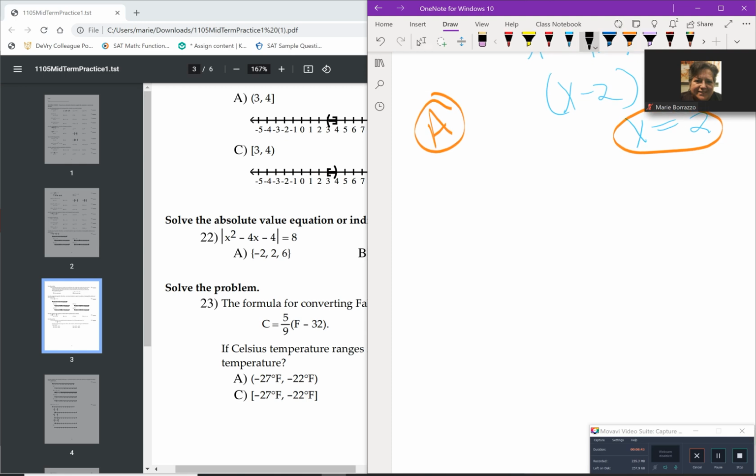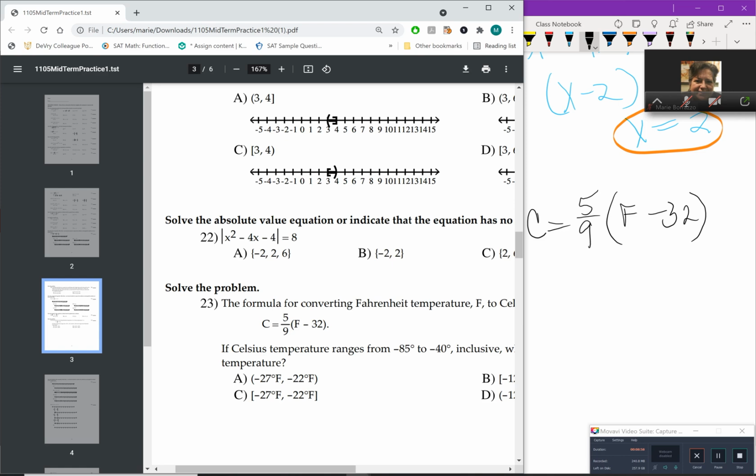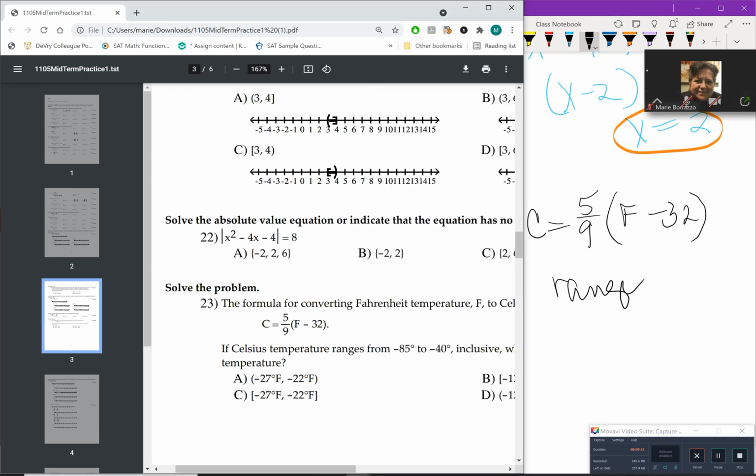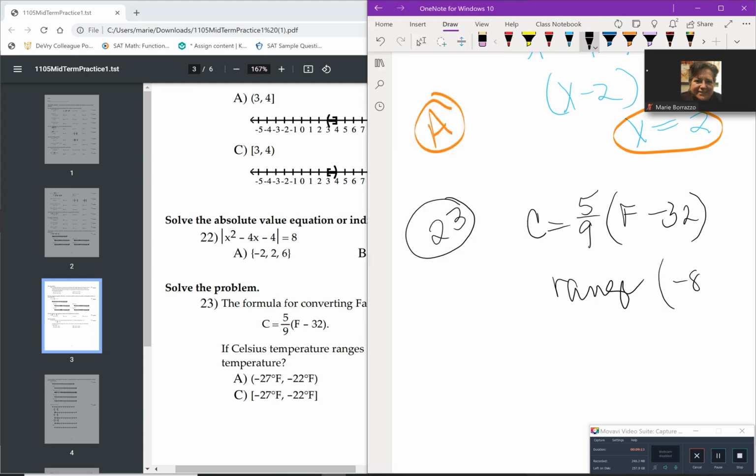Okay, number 23. On number 23, they're giving us the formula Celsius is equal to 5 over 9 times Fahrenheit minus 32. They're giving us further in the question, if the Celsius temperatures range, so they're telling us a range, which is, according to this, negative 85 and negative 40.